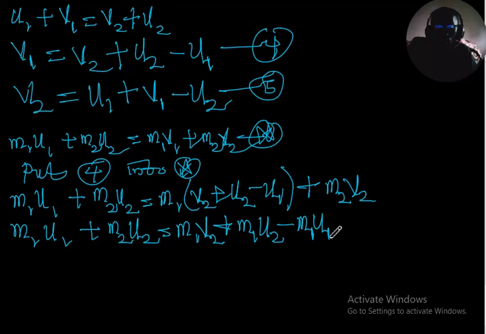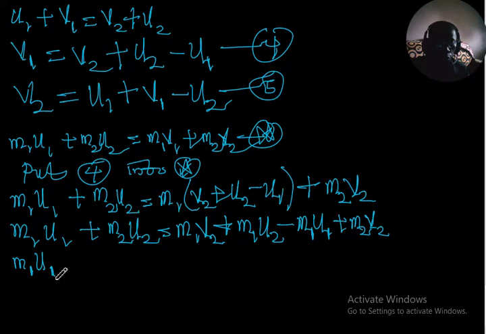All I need to do now is to gather all the u terms together, the m1 u1 and m2 u2 that have to do with u, on one side. So if we do that, I'm going to have m1 u1 at first.